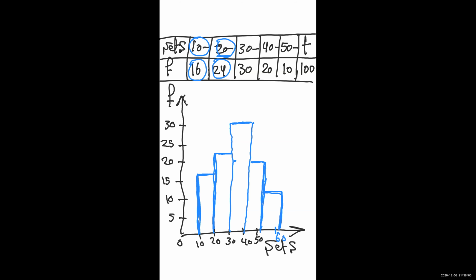Are we clear till now? Yes, mister. Okay, great. Then, after that, I have to determine the set which has the greatest frequency. So what will be the greatest frequency here? Actually, this is the greatest frequency.